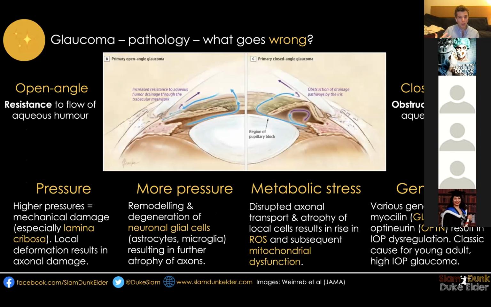Glaucoma, very important disease. I think once again, someone asked me not too long ago about whether this was the second most common cause of irreversible blindness or whether this is the first. I can't remember, the statistics do change, but AMD and glaucoma are probably the two major causes for irreversible blindness.